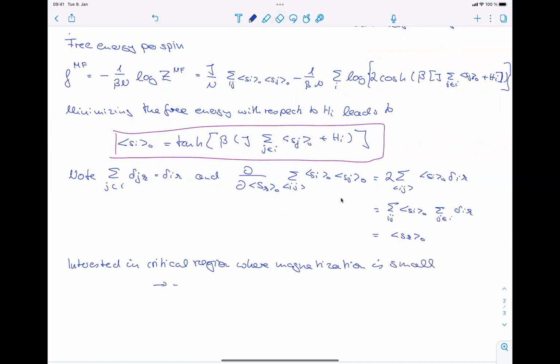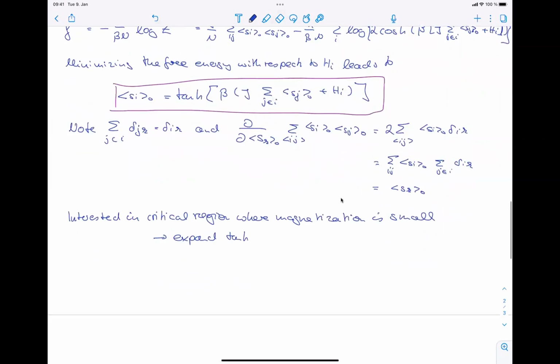And so we use this to expand, and that gives us minus beta J, sum over neighbors of i of s_j^0, plus s_i^0, equals beta h.